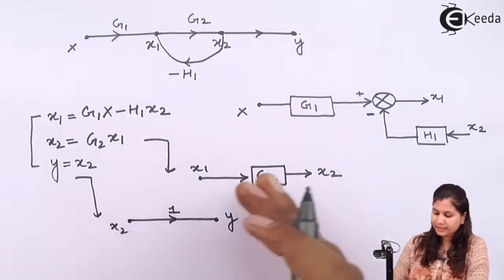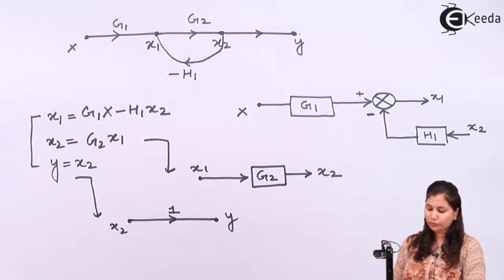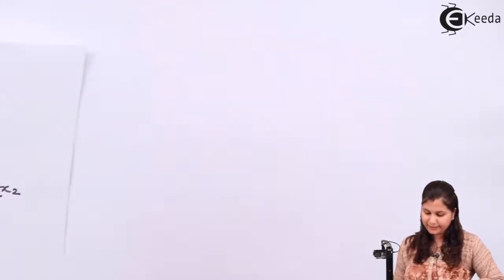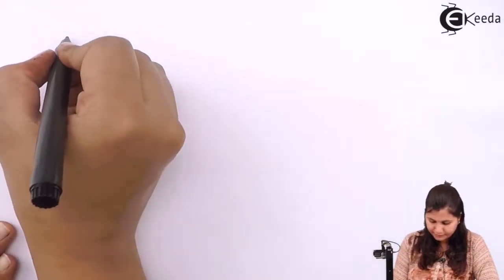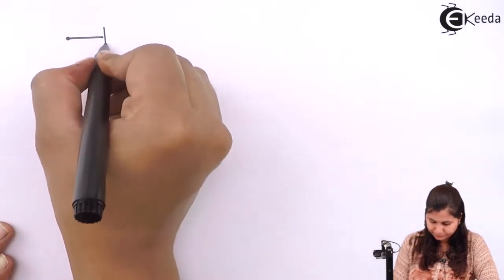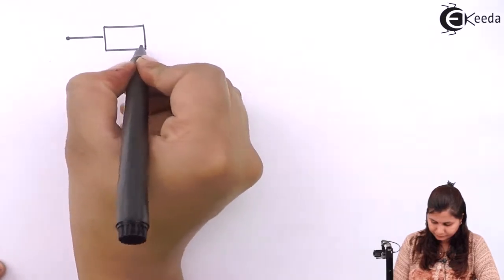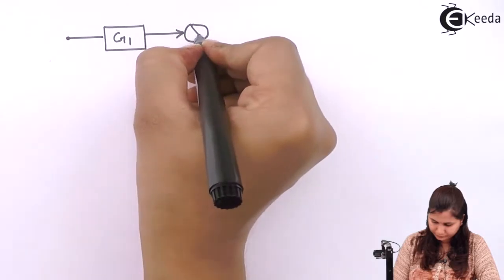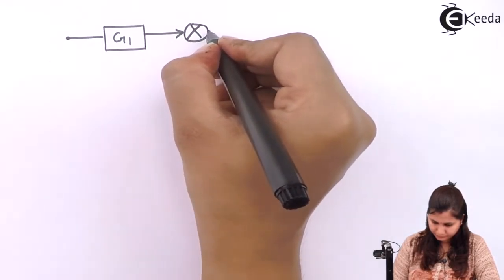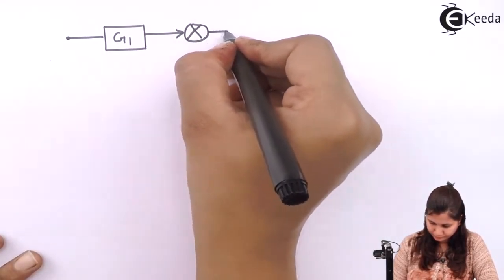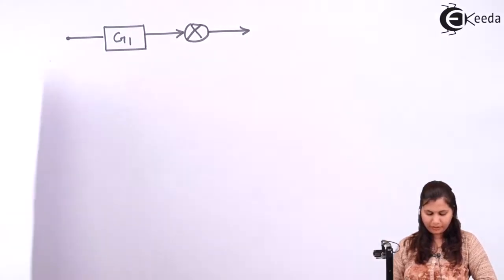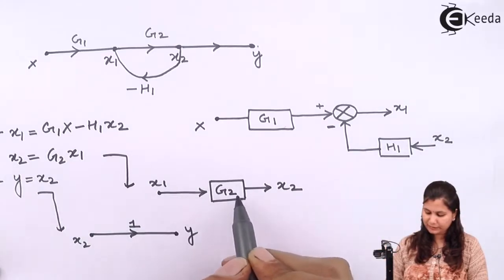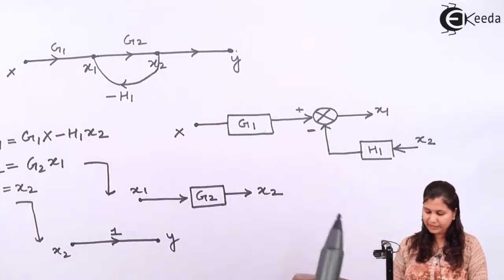Now just combine these 3 block diagrams, so you will get the complete block diagram. The first part is this, so we will redraw it here. The output was x1, and this x1 is multiplied with g2, so we will get x2.